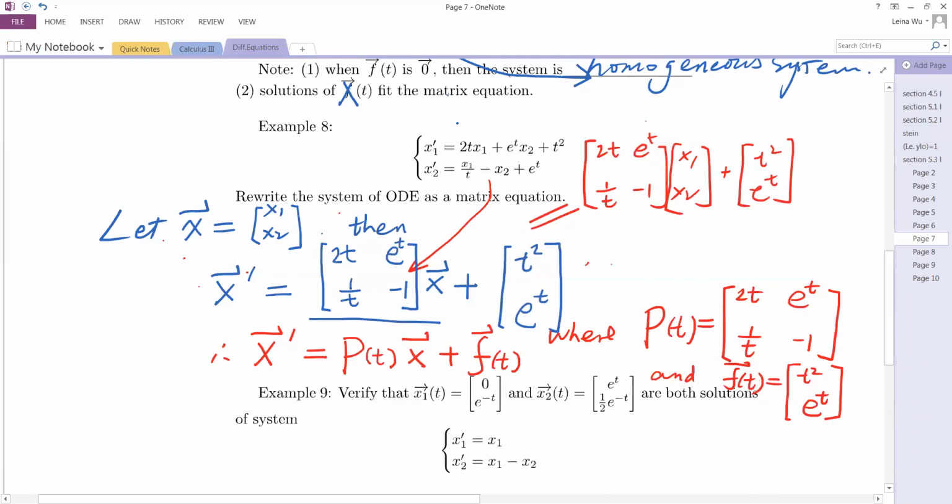If you are just looking at this part, and then after you complete the sum of these two, will you be able to get 2t x1 plus e to the t x2 plus t squared as the first entry?